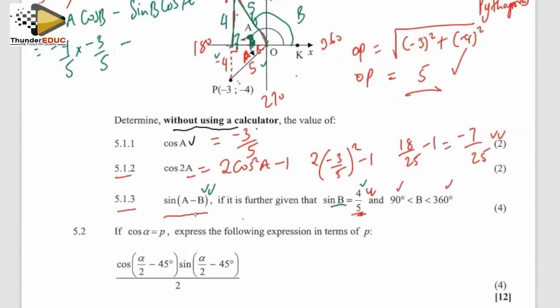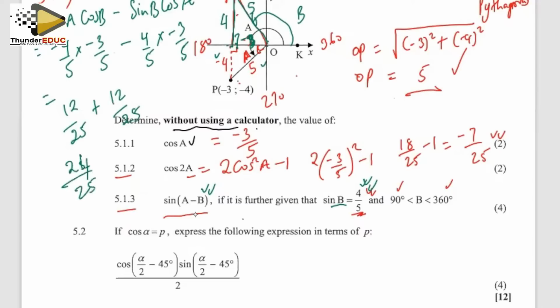Now we are subtracting the sine of B. Sine of B, we have it as 4 over 5 already, which is 4 over 5. And then the cos of A, we calculated it as -3 over 5. So simplify that, that's 12 over 25. Negative, I'm getting a plus now, 12 also over 25. So 12 over 25, 12 over 25, we shall end up with 24 over 25. So that is what I'm getting for 5.1.3.